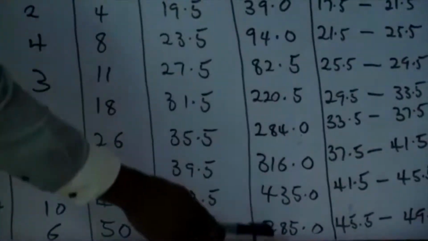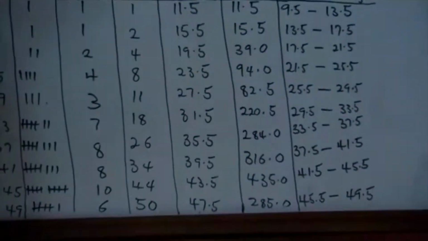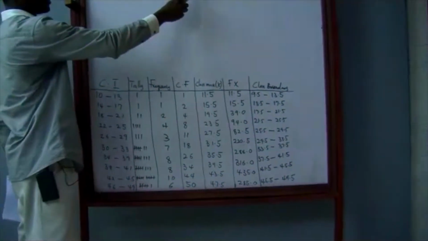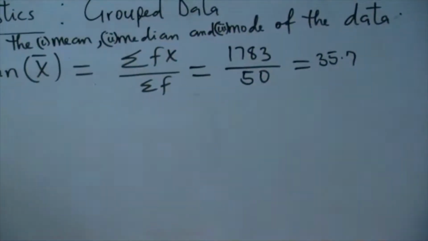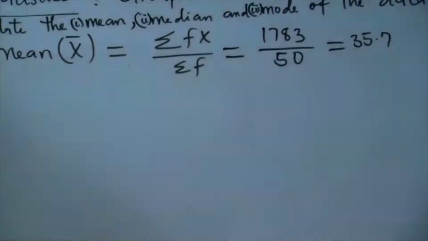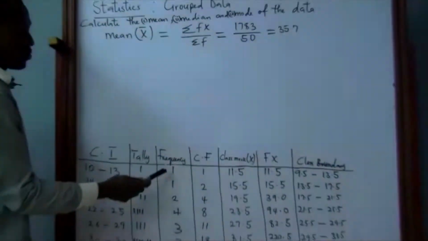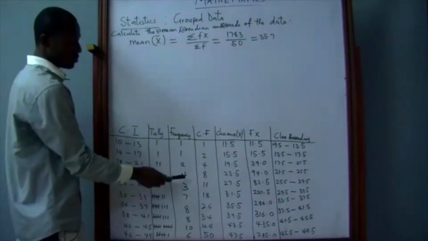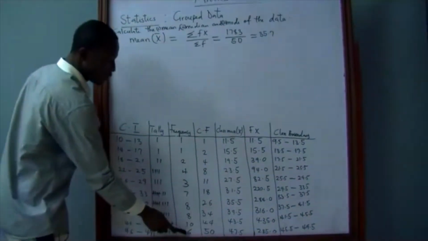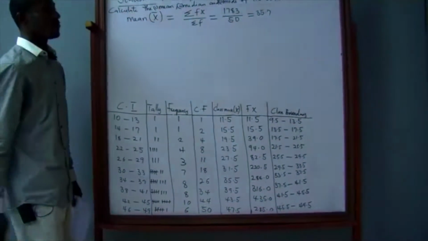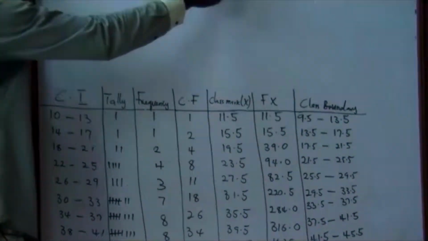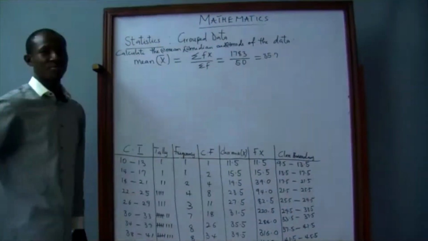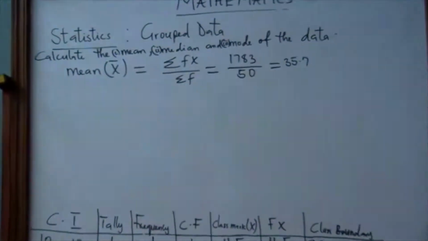If you add all this together, we have 1783. Then our summation f, which is the addition of the frequencies, is 1 plus 1 plus 2 plus 4 plus 3 up to plus 6, and we have 50. So if we divide this by this, we have 35.7. So that's the mean.